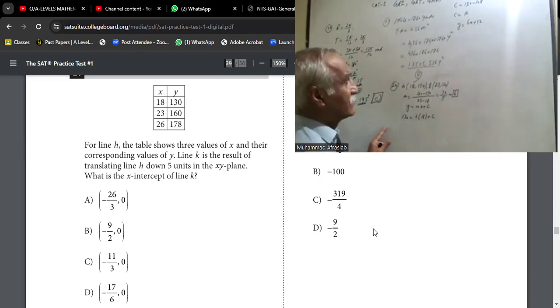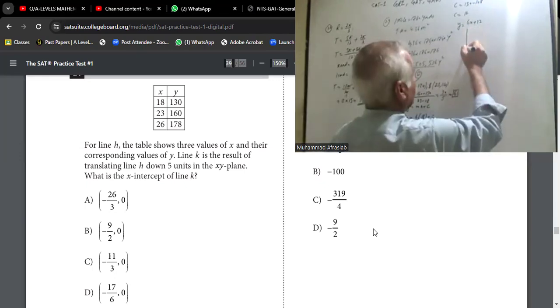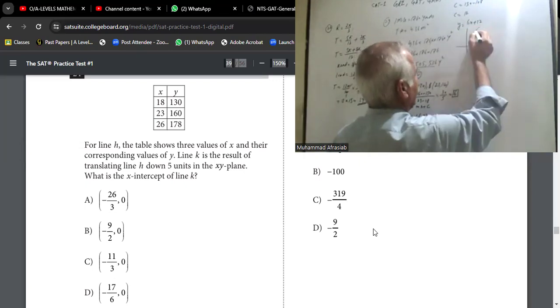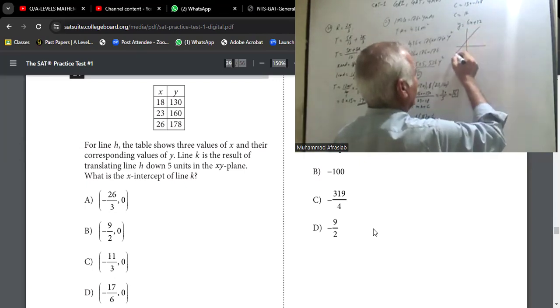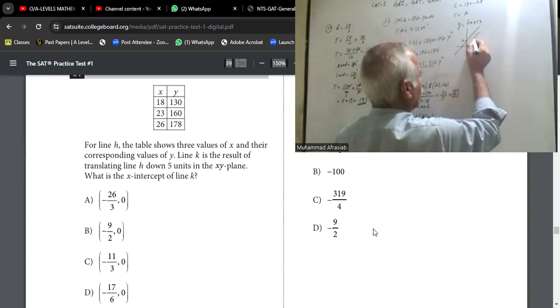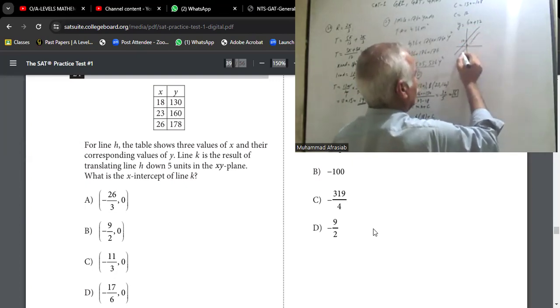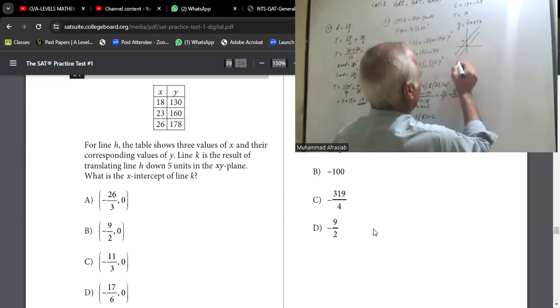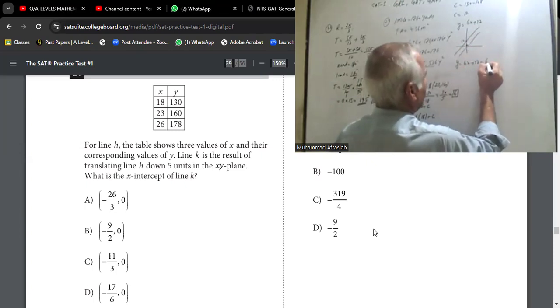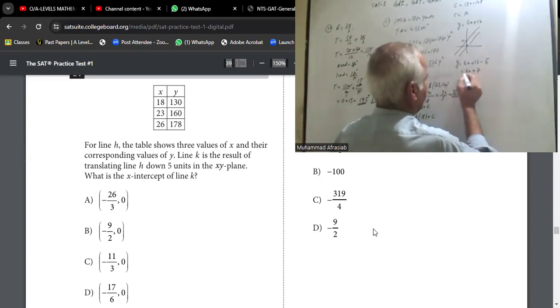Since line K is 5 units downward to this line, it is 6x plus 12, let's say this, then it is 5 units downward to this portion. So y is equal to 6x plus 12 minus 5. So that is equal to 6x plus 7.